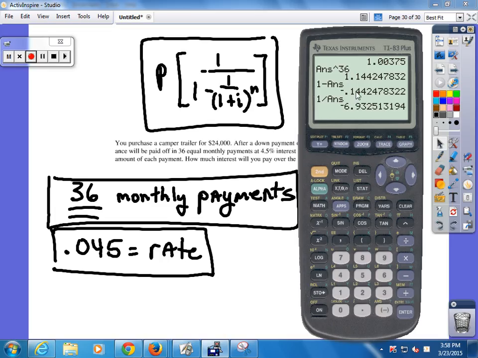1 divided by, oh, I didn't divide negative. Okay, still 6.9. And then 6.932 multiplied by 20,000, and subtract 20,000. Now you know why I'm not a banker.